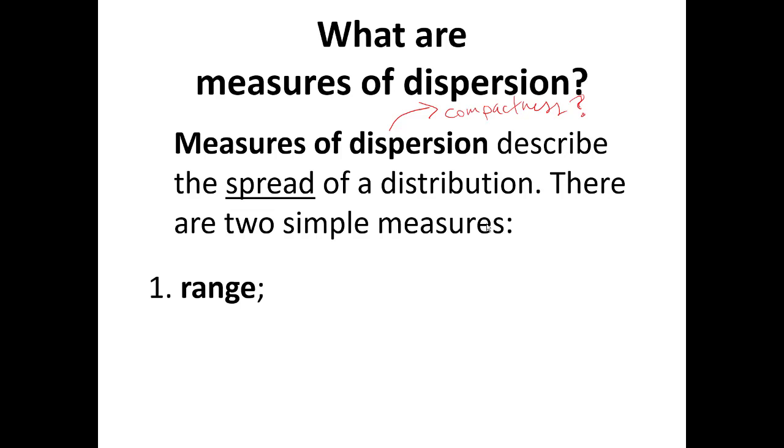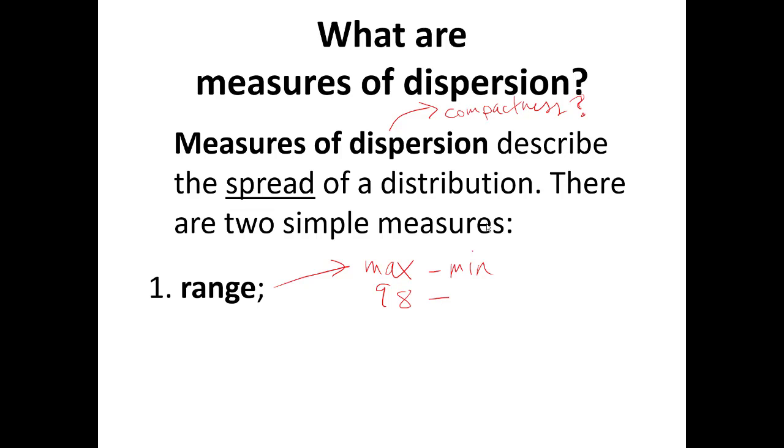Or sometimes it's described in terms of what's the maximum value and what's the minimum value. So for this, what is the maximum age and what's the minimum age? I believe the maximum age was 98. If I look at this, yeah, 98.